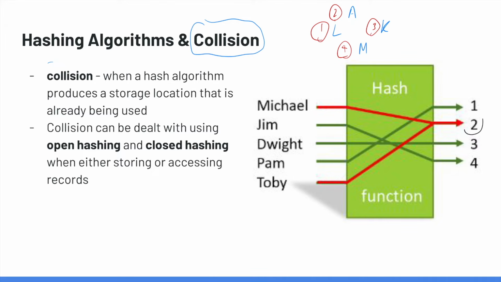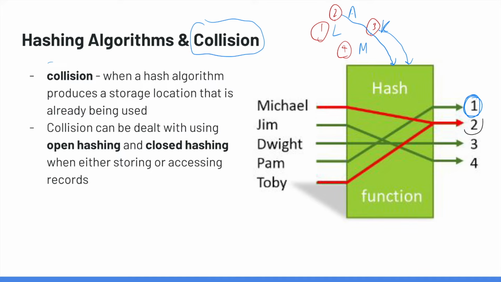Now we put these into a hashing function, and what might happen is we put in 2, and we end up with 1. But we put in 3, and we also end up with 1. So both of them lead us to the same position in a file. That's an example of collision. We're putting the keys into our hash function and end up with the same position.